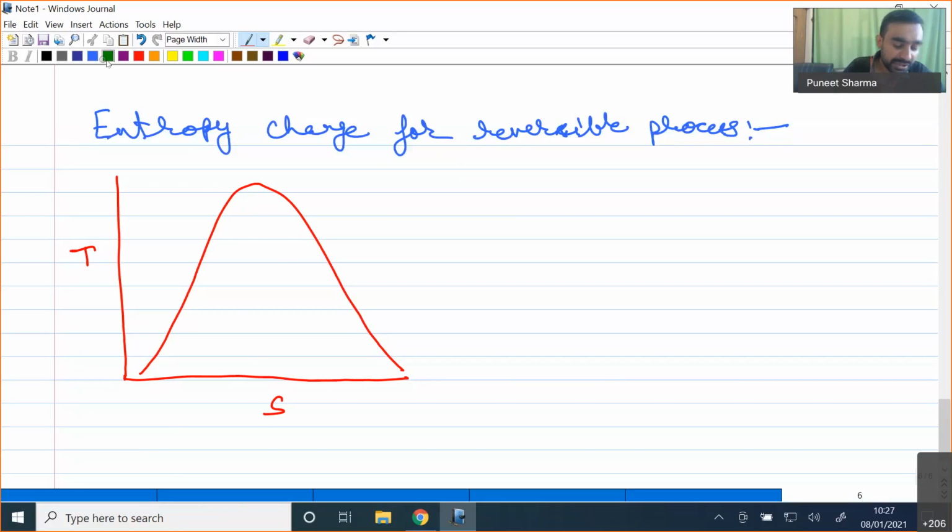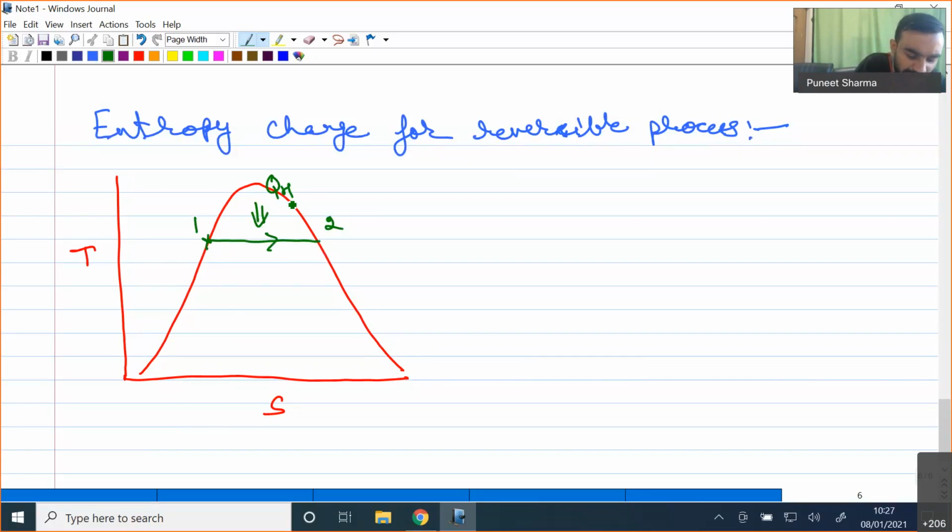The very first process is isothermal heat addition. In isothermal heat addition, temperature remains constant, and if our working medium is in the two-phase regime, then we operate our Carnot cycle between the saturated liquid and saturated vapor curves. So I have this process 1 to 2, constant temperature heat addition.